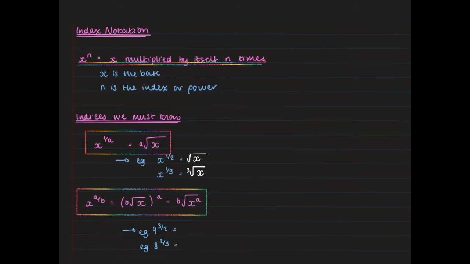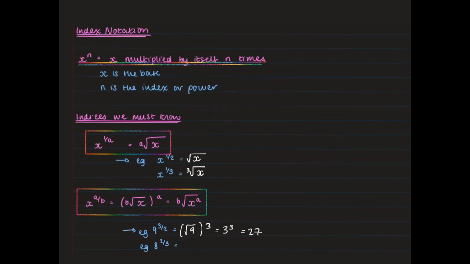So if I look at this question, I've got 9 to the power of 3 over 2. Now, I know that 9 is a square number, so I should probably apply the square root first. So I can put that equal to the square root of 9, all cubed, which is 3 cubed, which is 27.